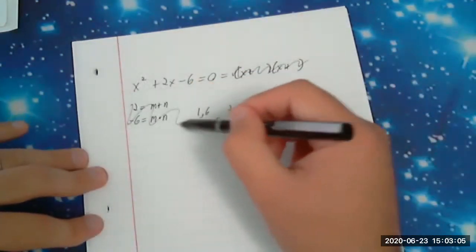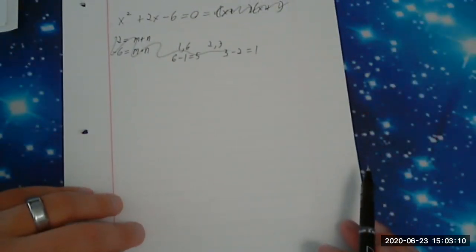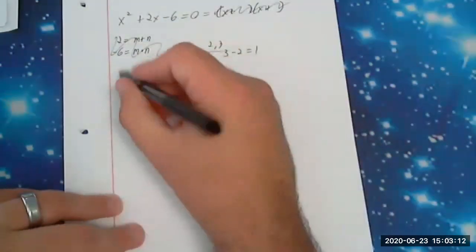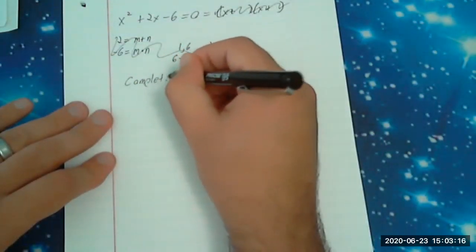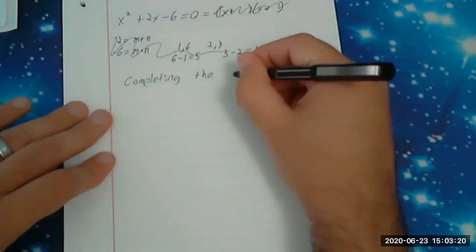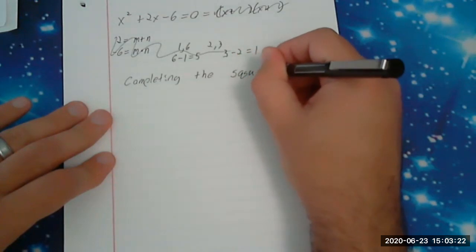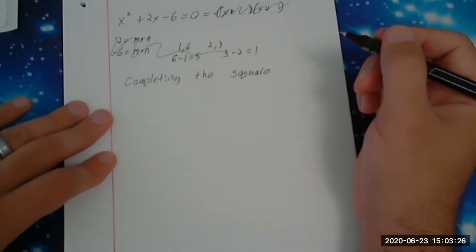We come up with this other solution method called completing the square. Okay.